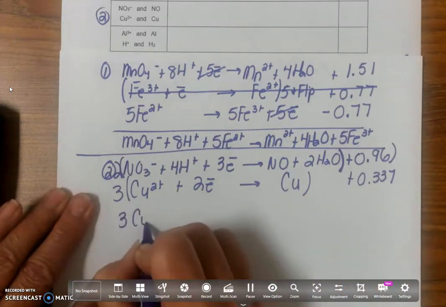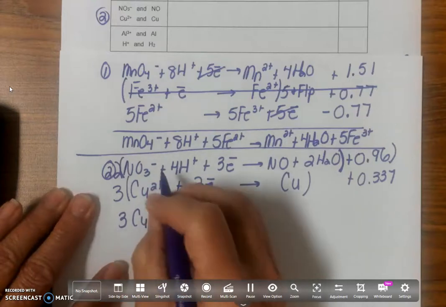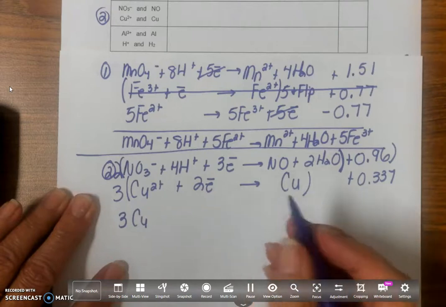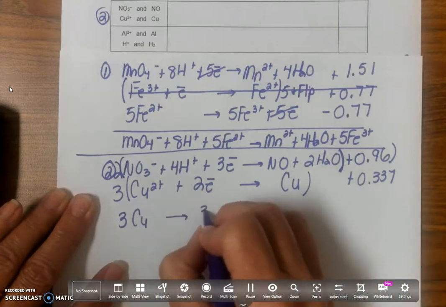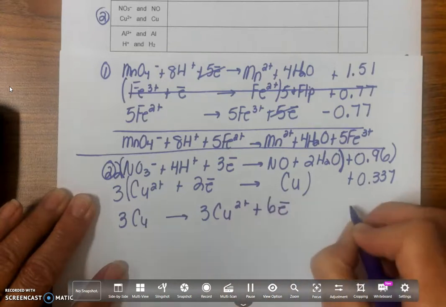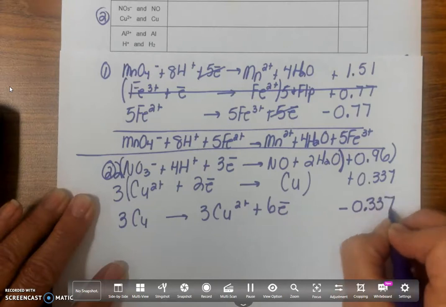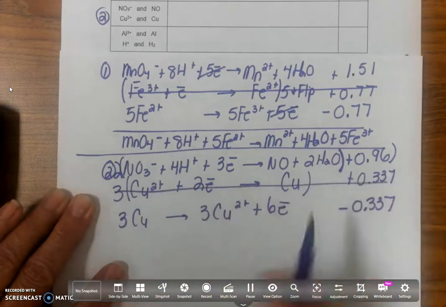So 3 Cu goes to 3 Cu2 plus 6 electrons, and that gives a negative 0.337. So I'm going to cross that out.